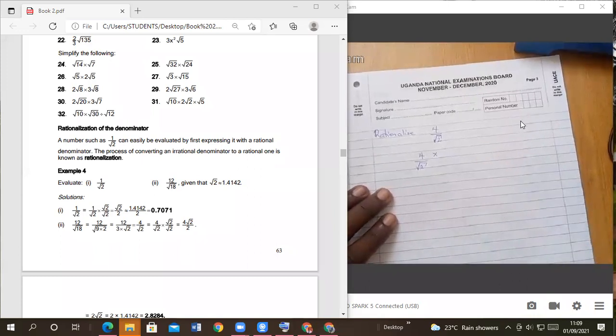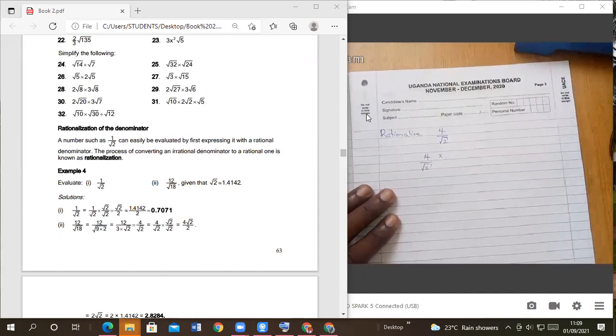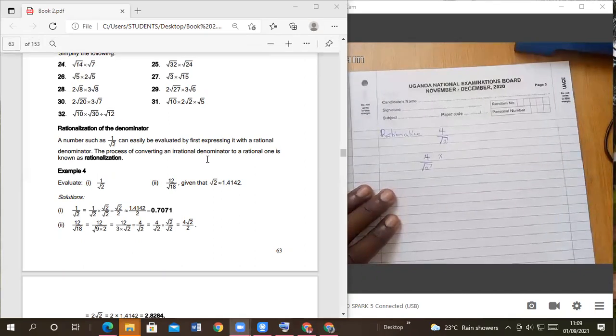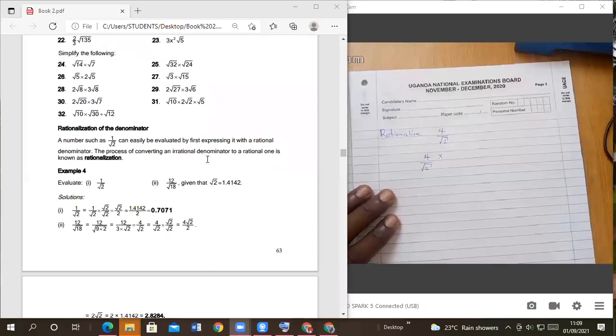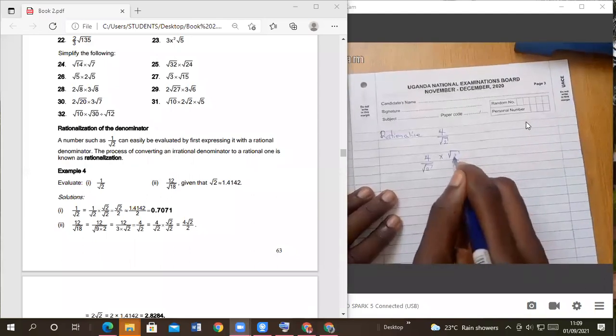Okay, Romeo, what should I do here? Yes, Romeo. We multiply by root of 2.